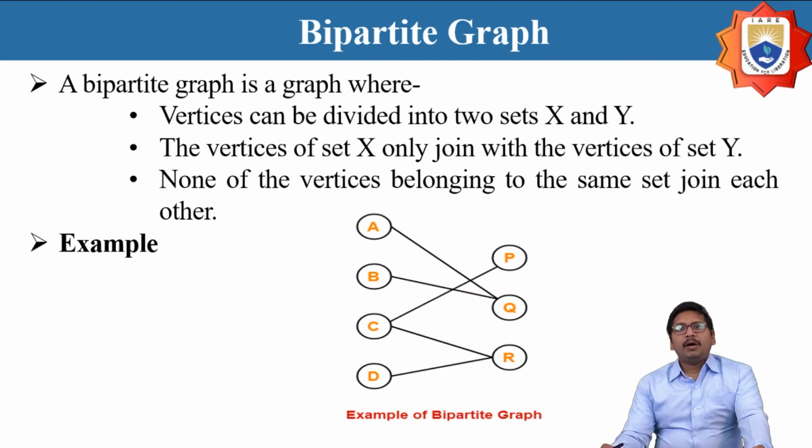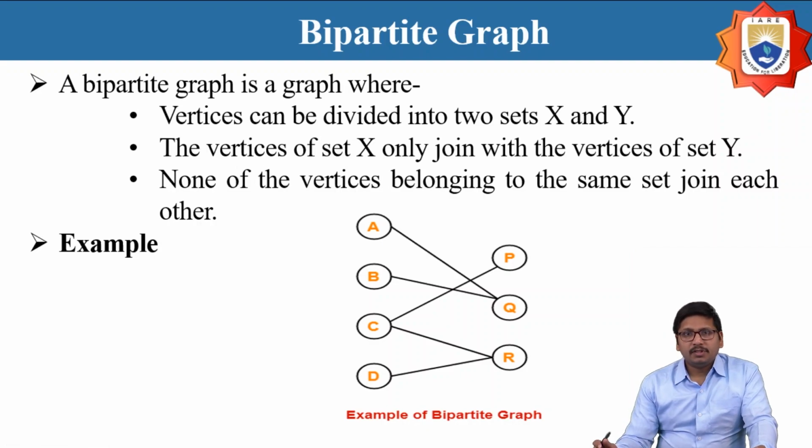And the next one is the bipartite graph. A bipartite graph is a graph where the vertices are divided into two sets, X and Y, and the vertices of X only join the vertices of set Y. So they are called a bipartite graph.